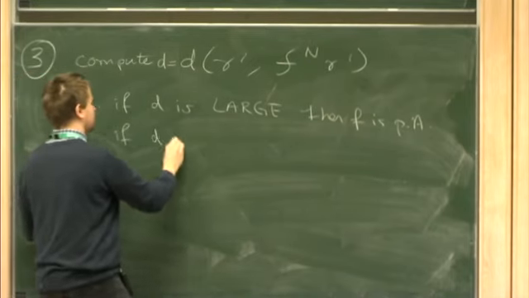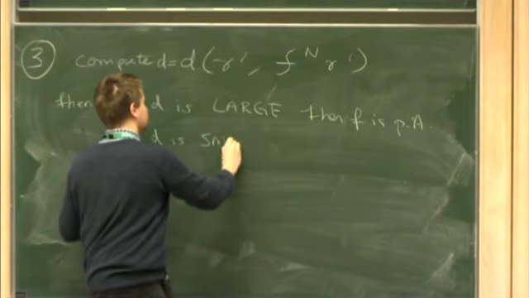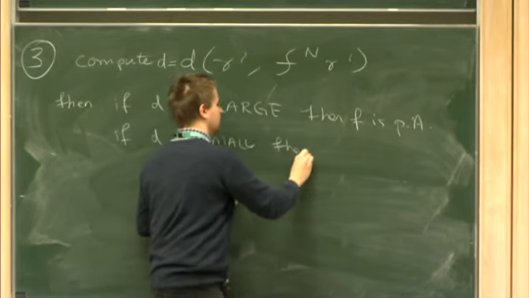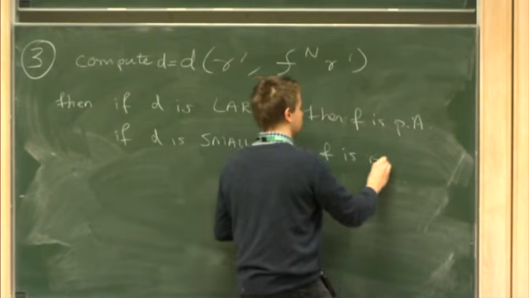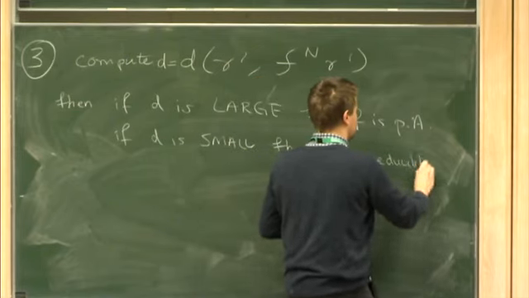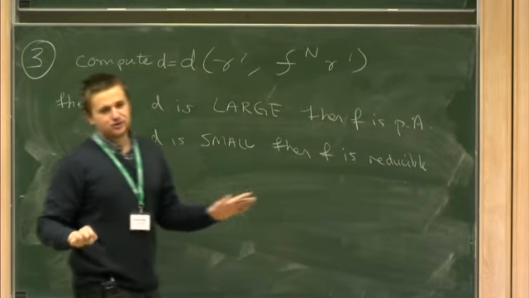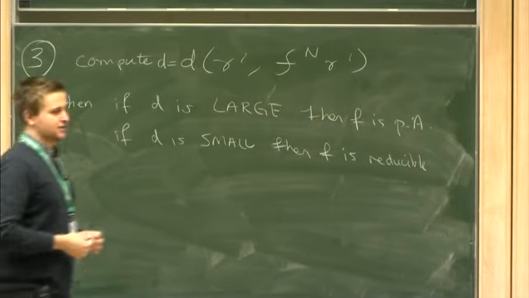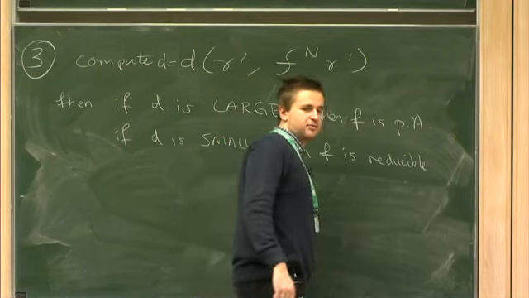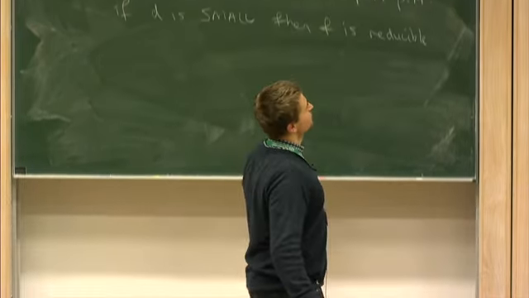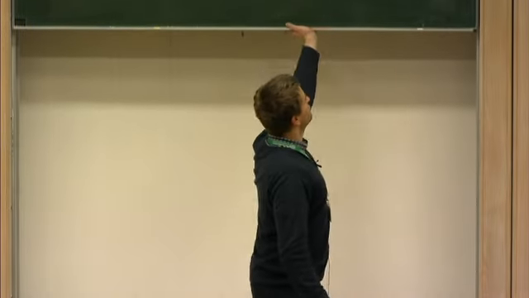And if d is small, then f is reducible. I've ignored the case when f is periodic, because that's already known. To determine whether f is periodic or not, that's already known to be in polynomial time.